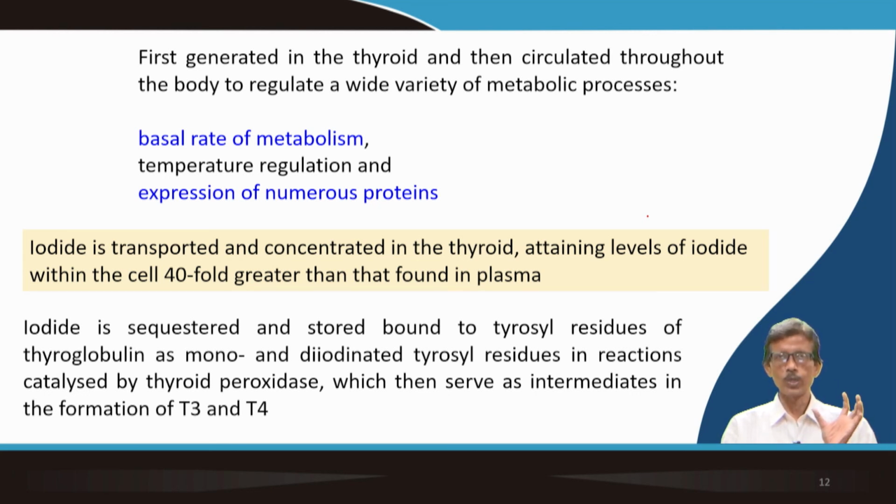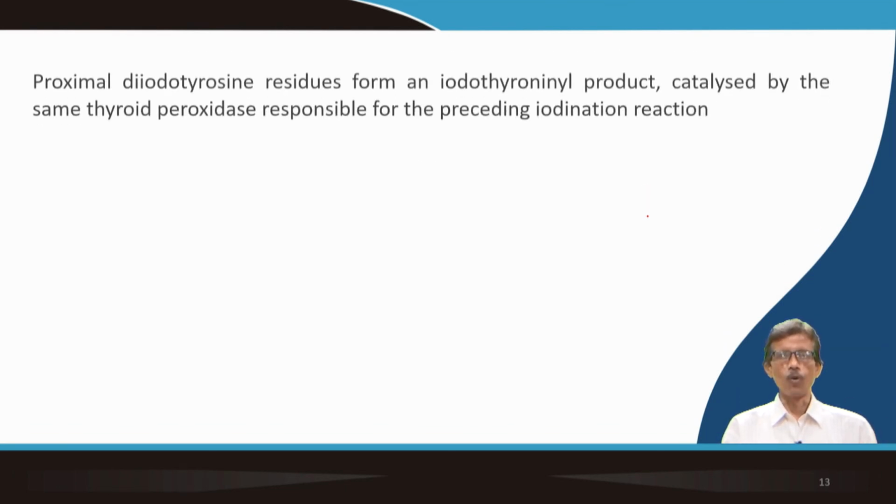So, thyroglobulin is one form of protein with mono- and diiodinated tyrosyl residues, in reactions catalyzed by thyroid peroxidase, which then serve as intermediates. This monoiodo species and the diiodo species are the intermediates. That means, what we have shown just now, the two side products are always forming, and they are required for the final production of your T3 and T4.